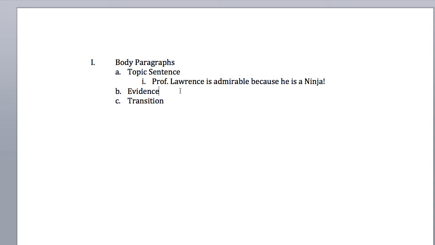Next, you have evidence for that topic sentence. You cannot have a paragraph that does not have some sort of evidence. Your evidence may be a story, it may be a fact, it may be a historical fact.